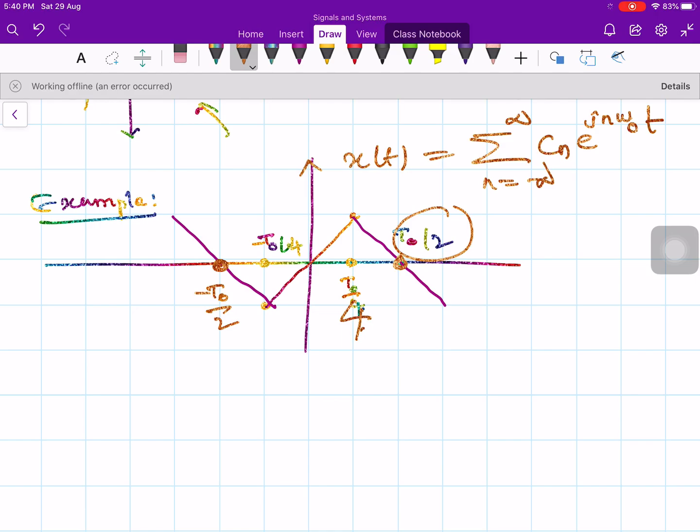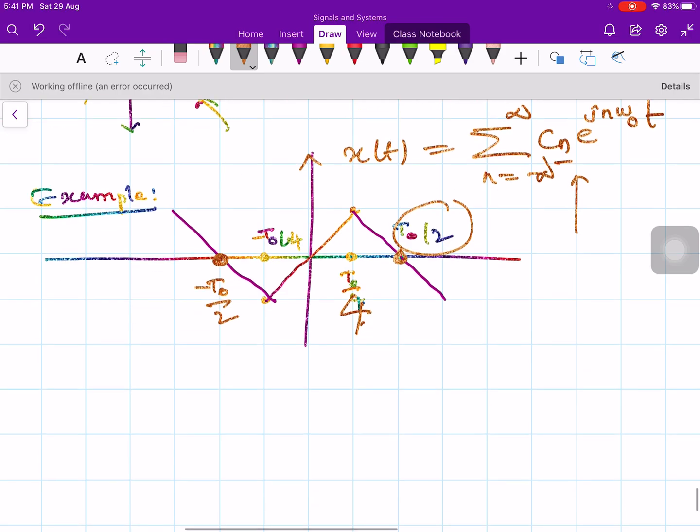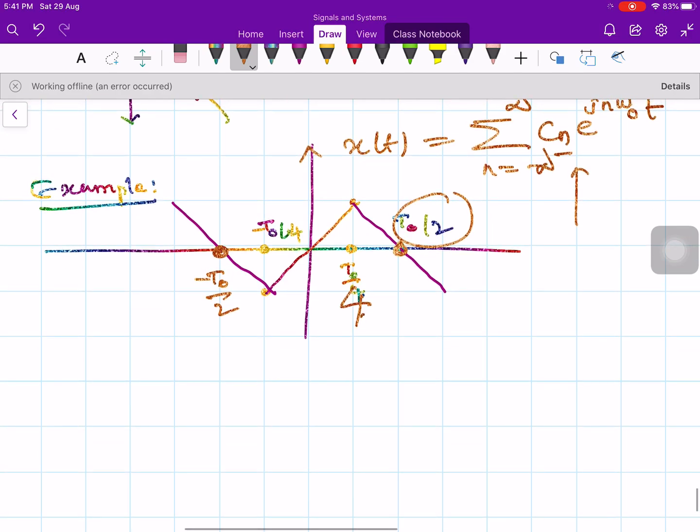Okay, now to evaluate Cn for this waveform requires a good amount of computational effort. You have to spend a little bit of time to calculate Cn, then you substitute back here and all those things. But now let's see what happens if you take the derivative of this x of t. Here the slope is constant, right? The slope is constant. If you take the derivative of x of t, it results in a square waveform like this.